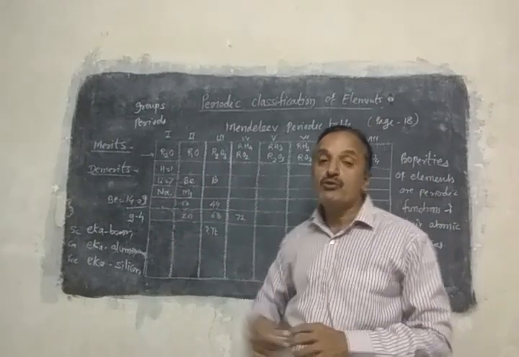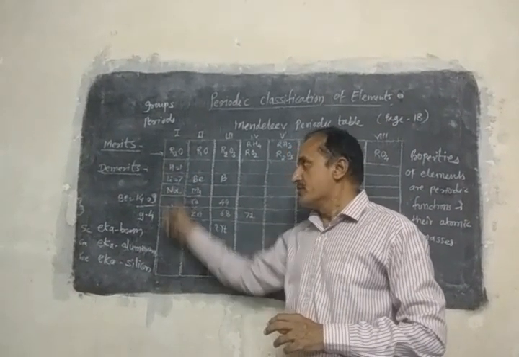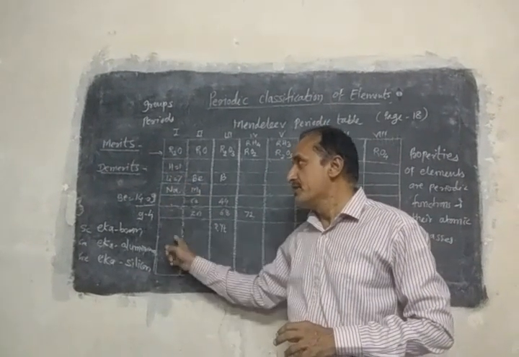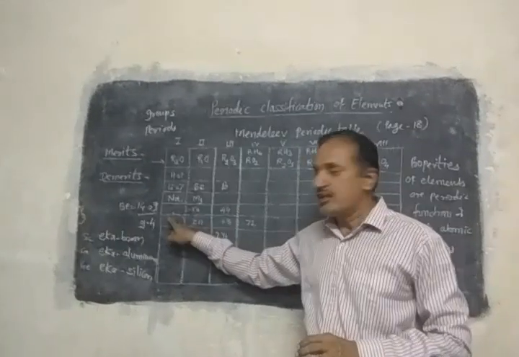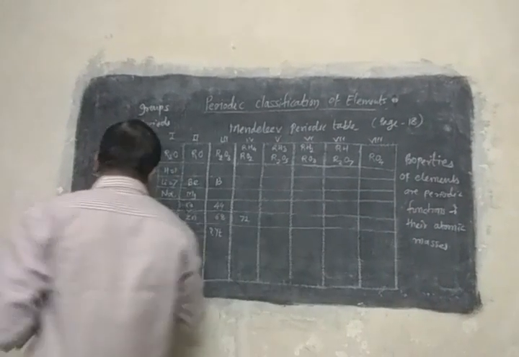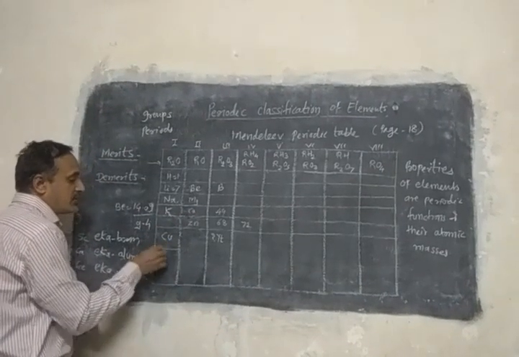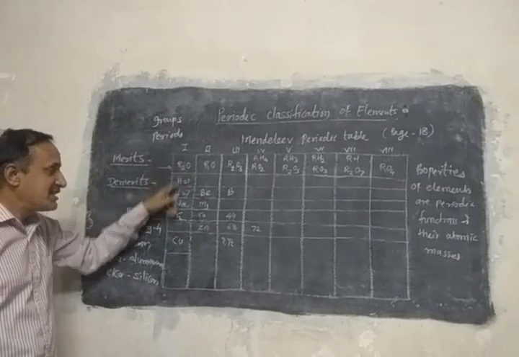The first demerit was that if you see the first column, the first period, first group, here you can see lithium, sodium, then potassium, and outside you can see copper is given. So these elements are kept in the first group.